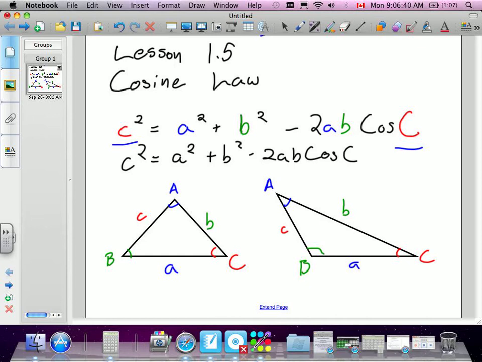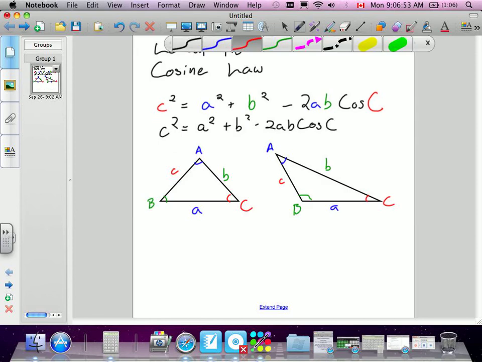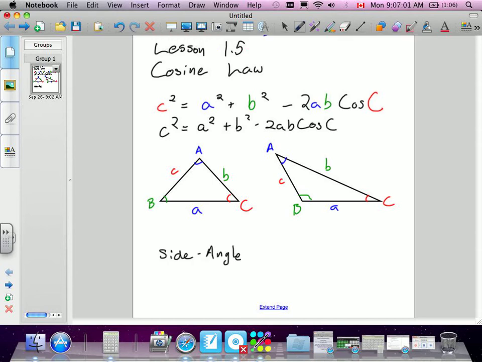One other way to recognize when to use this law, and we'll put it down right now, you would use cosine law when you have a side, then an angle, and another side.